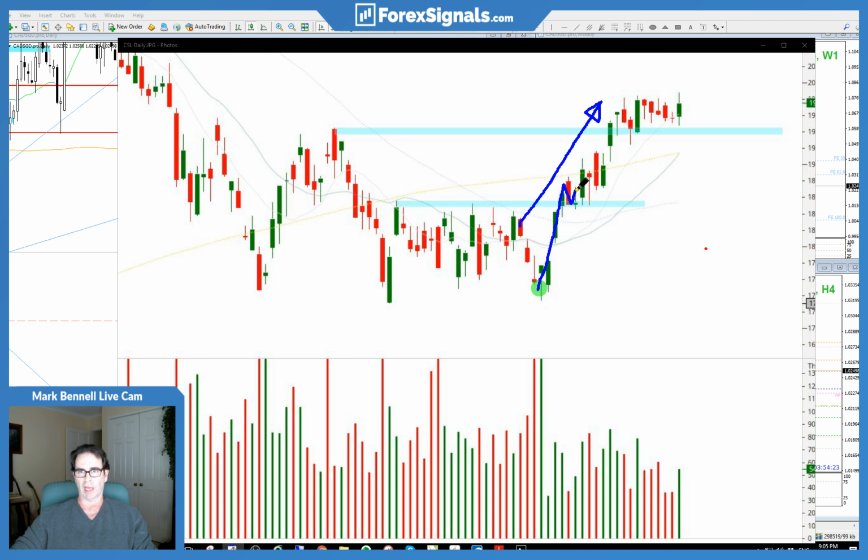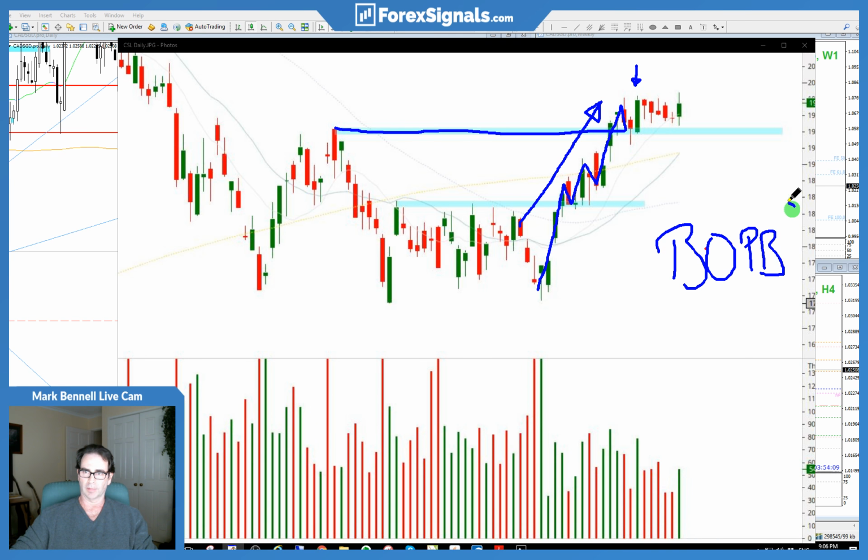We do, however, have a nice trending price action. So here's the pattern here. Here's the start. So we've got the breakout. Do you think this could be a breakout pullback that I talk about, a form of it? Absolutely.